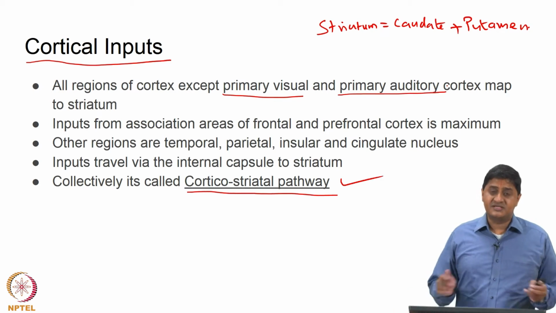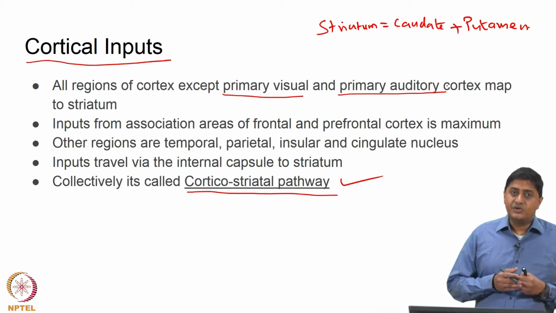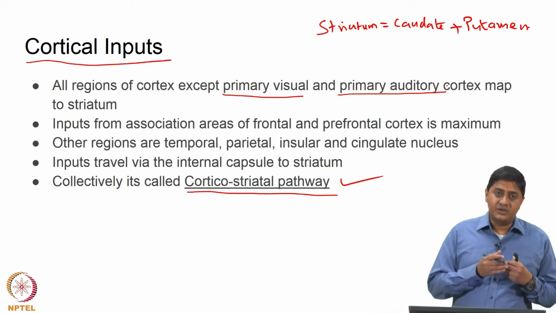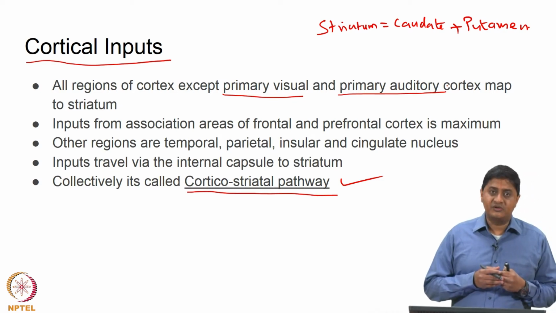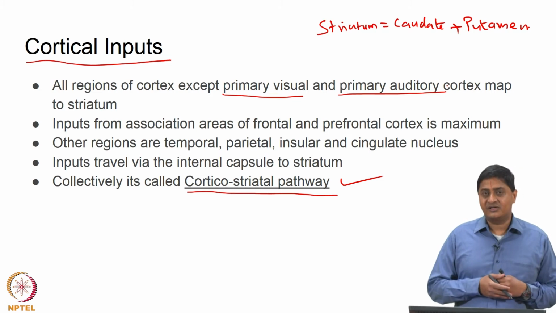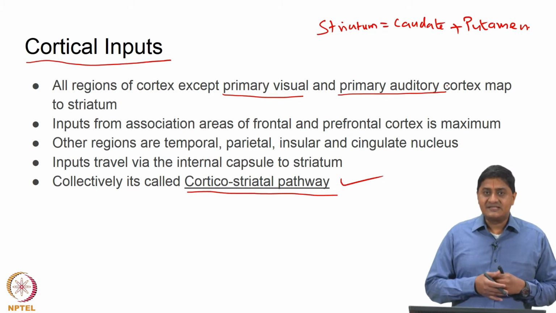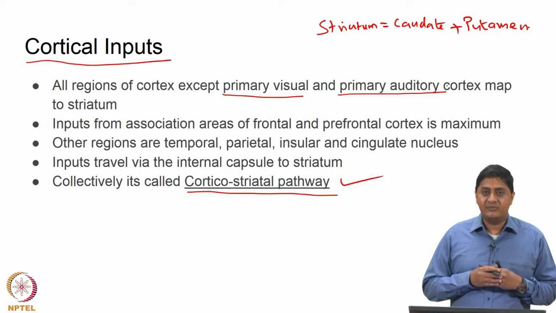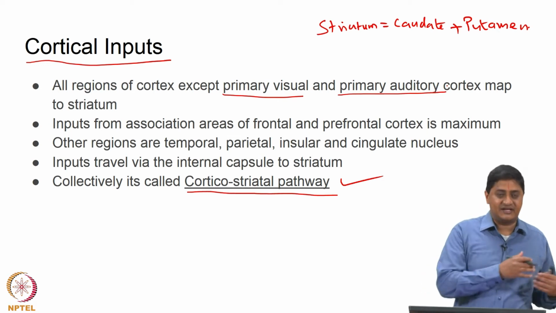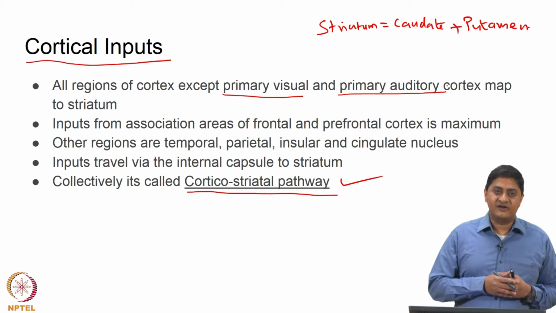So, that means neurons that originate from a particular functional area of the cortex are separated from neurons that originate from a different area and for a different function of the cortex.